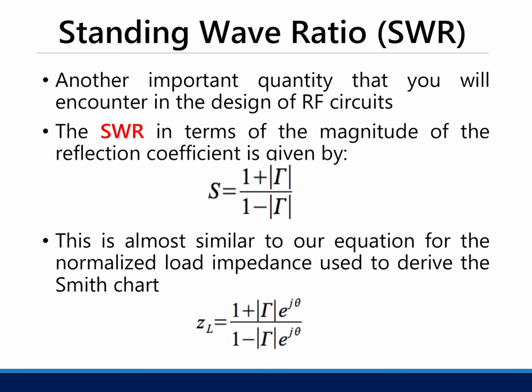So there you go. Another important use of the Smith chart is the measurement of what we call the standing wave ratio. The standing wave ratio is directly related to the reflection coefficient gamma. And since ZL is equal to this, if we let theta equal 0, then we get the SWR.